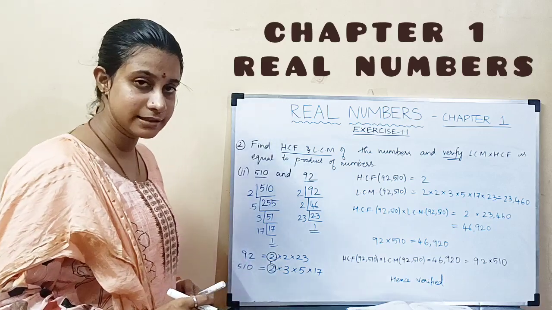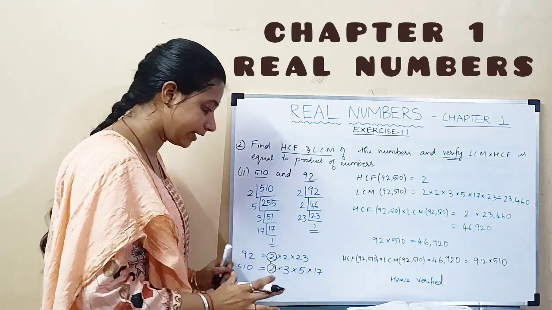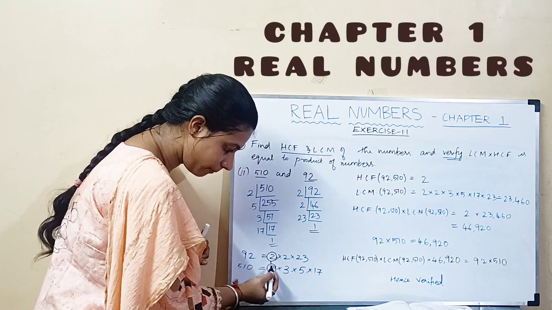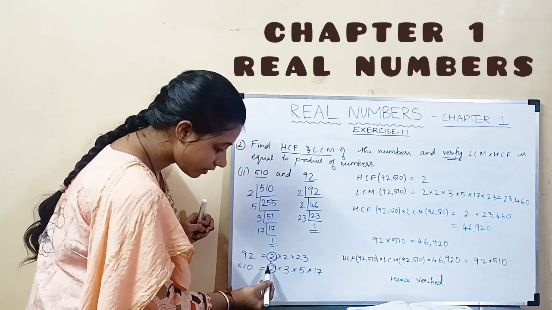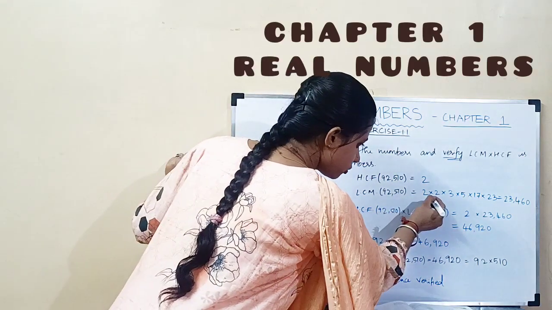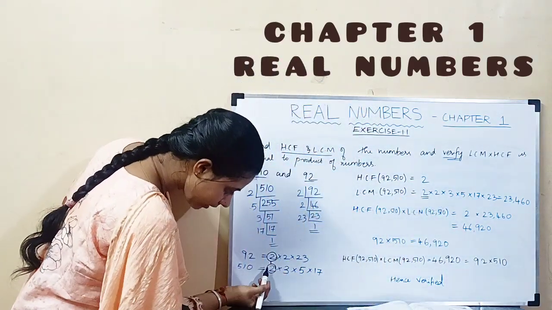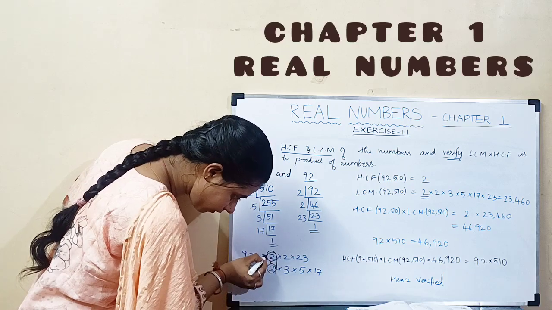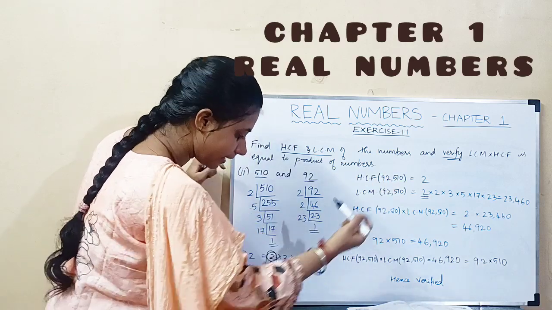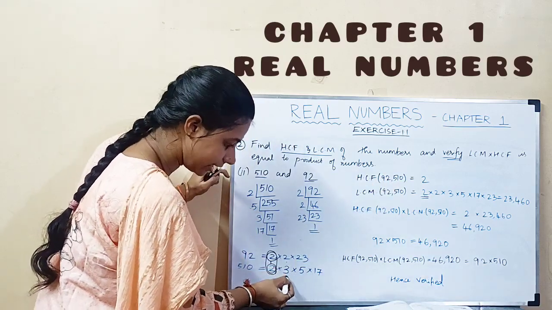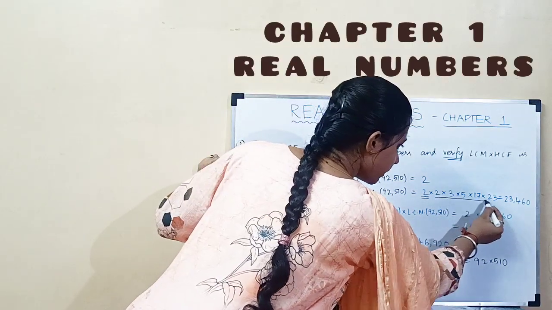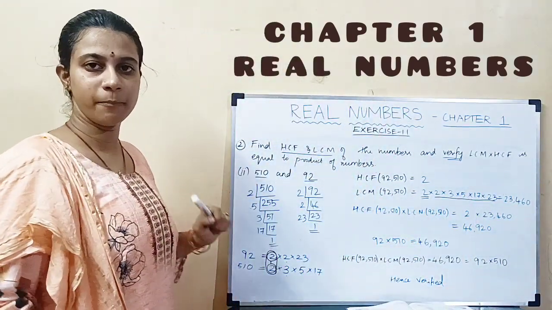Now coming to the LCM, we will take all the prime factors other than the common numbers, and whichever is common in both these numbers, we will take it only once. So for these both, we will take 1, 2 here, and we are taking 2 into 3 into 5 into 17 into 23, in proper ascending order.